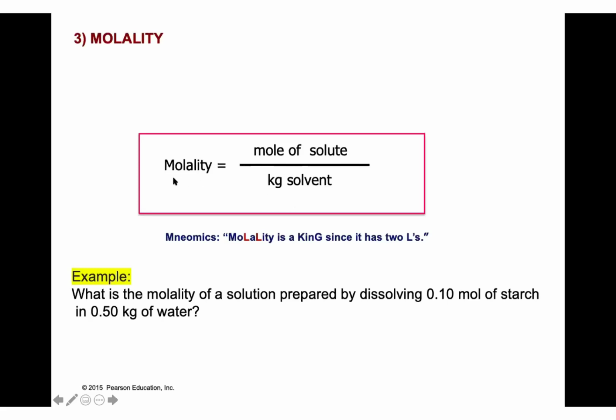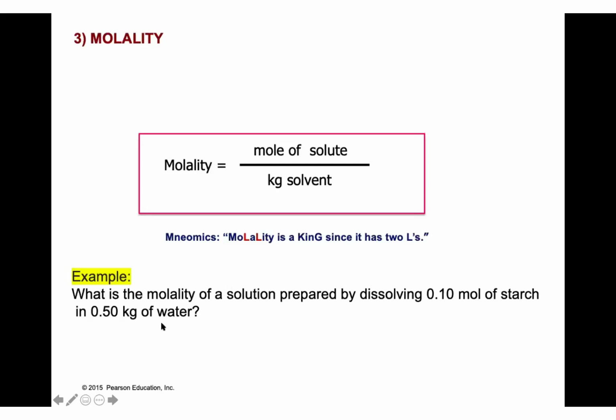Molality is mole of solute over the kilogram of solvent. There are also some mnemonics you can use to memorize it. Molality is a king, basically, since it has two L's. So you can remember it that way.